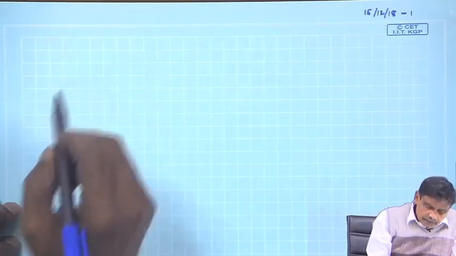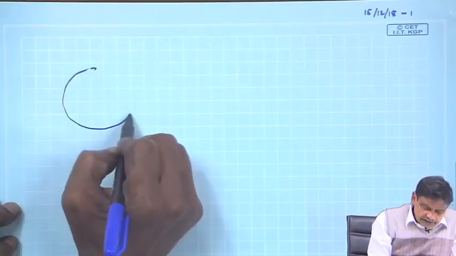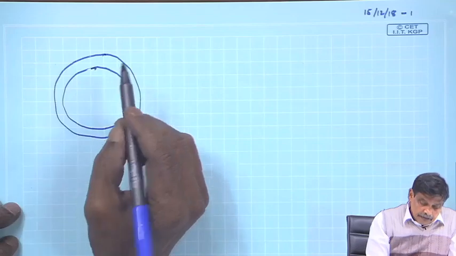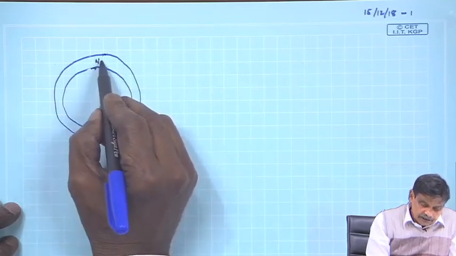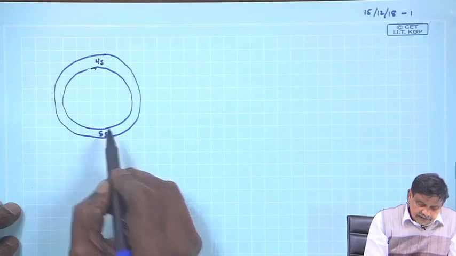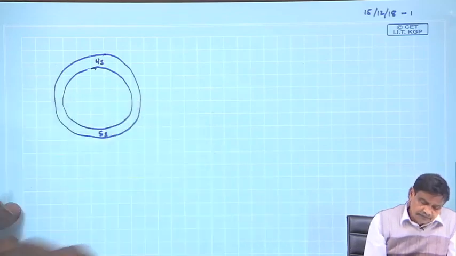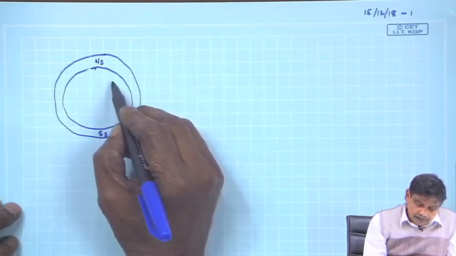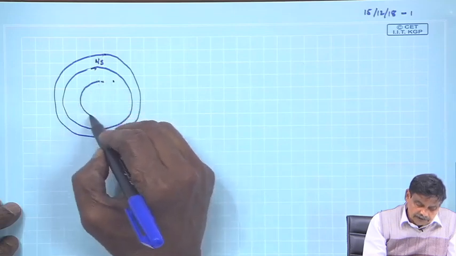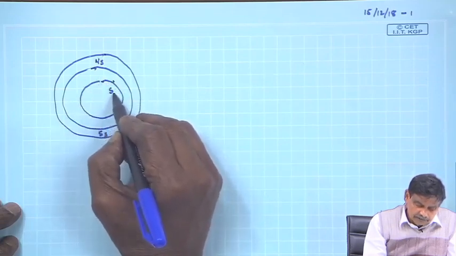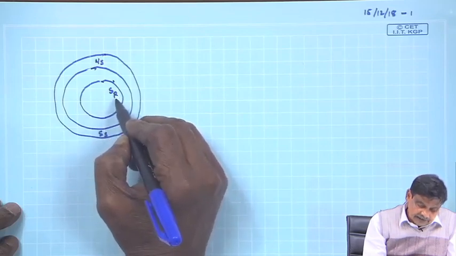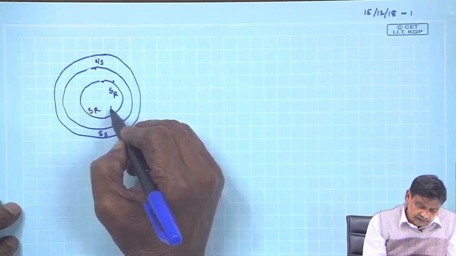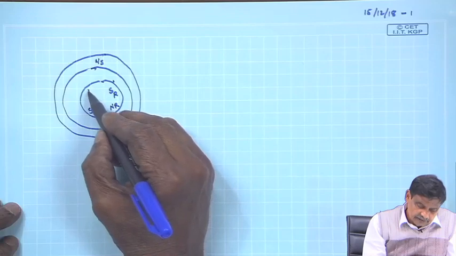For example, suppose you have a stator like this, which has produced 2 poles, Ns and Ss, and for this you need a single coil. But the rotor has produced, suppose, 4 poles. This is the rotor, a quarter is Sr, then this is also Sr, this is also Nr, and this is also Nr.